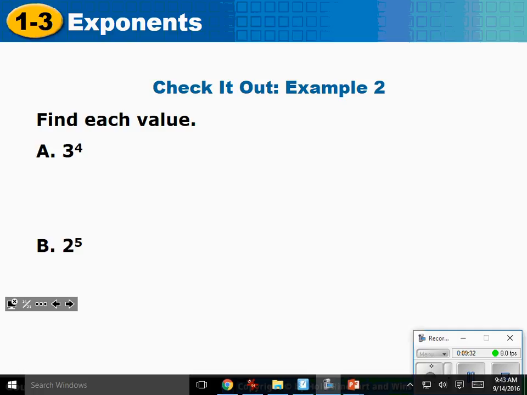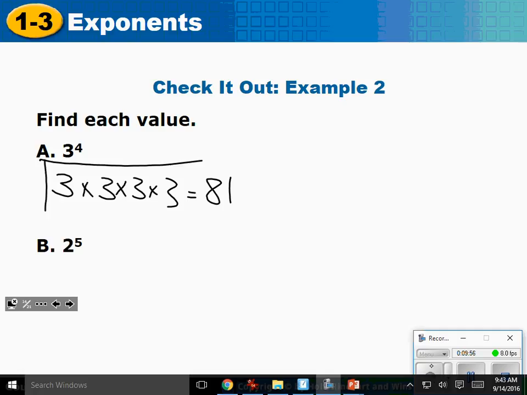You have to show me that you are multiplying this 4 times. So that's all you got to show me. And then you can do 81. I don't care. You don't have to show me that you go 3 times 3 is 9 times 3 is 27. You don't have to do that. Okay? This is what I need. Right here. This much. Now, let me show you some other quick trick. It'll help you.